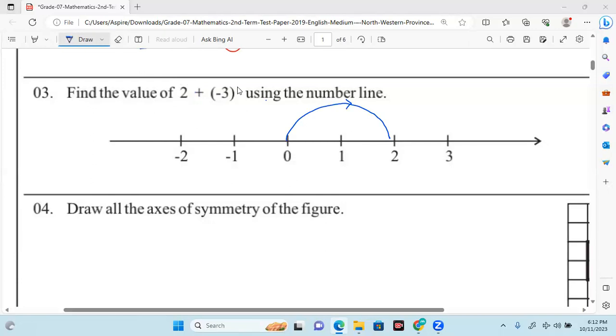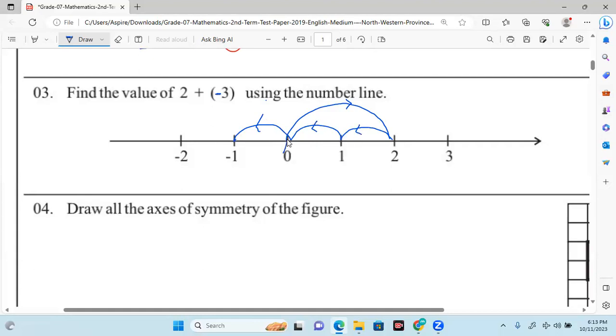Okay, Kavishka. You have to add to the 2, you have to add in the negative direction. That's what it means. Here it's minus. Okay, කියන්නේ අපි යන්න ඕනේ negative පැත්තට. Then 3 steps. 1, 2, 3. Okay, in this way we move.